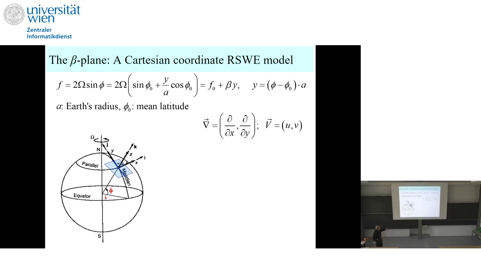Just to mention, mathematicians usually don't use latitude, but oceanographers and meteorologists are attached to geography. And therefore, the equator is latitude 0, and the poles are 90 degrees plus in north and south.